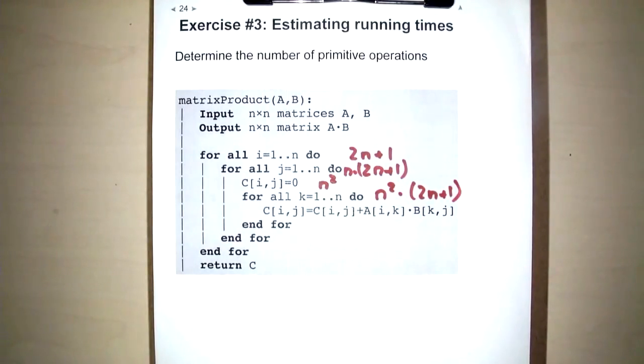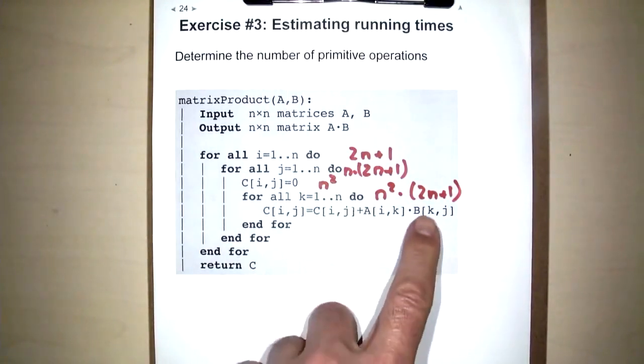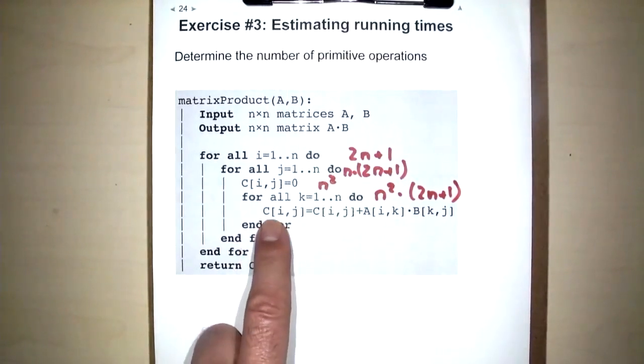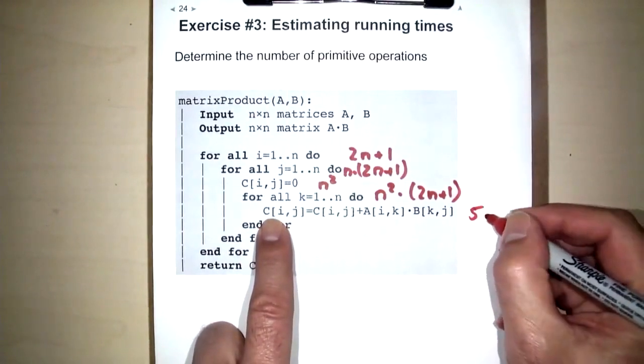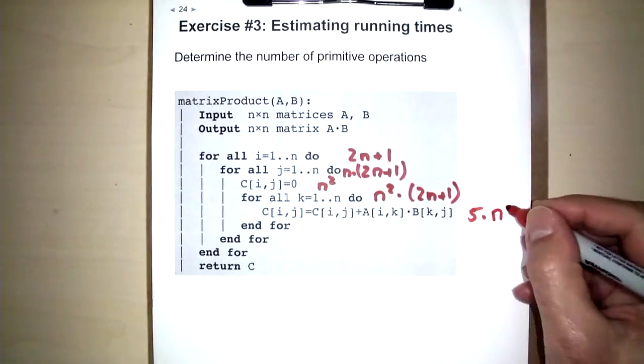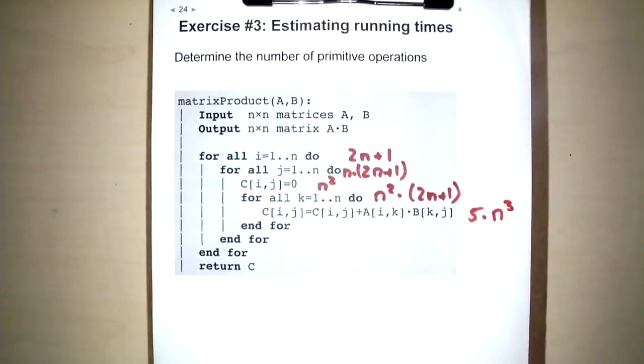It really doesn't matter, but if you count them as separate, then it would be 5 operations for that one single statement. And how often do we have to execute that statement? N cubed, yes, n cubed, because we have now 3 nested loops. N cubed. Anything else? And 1 for that return statement.